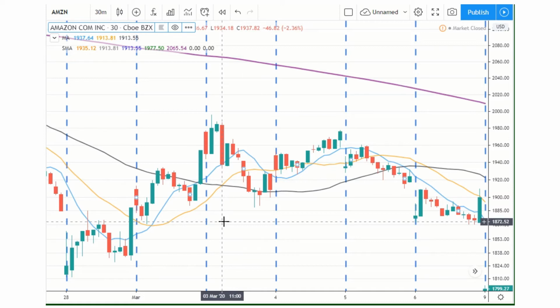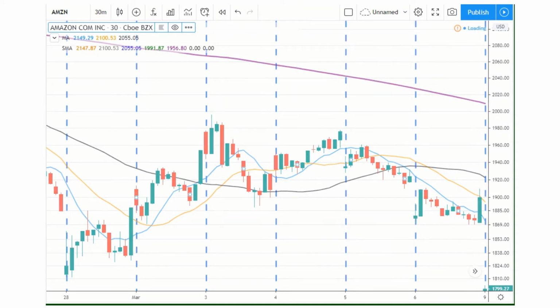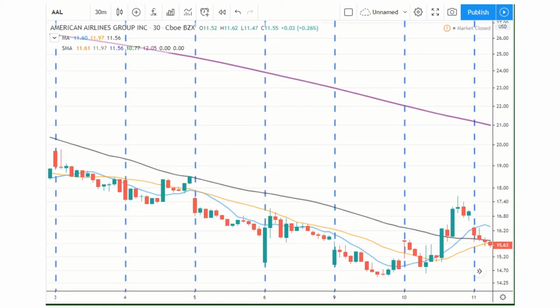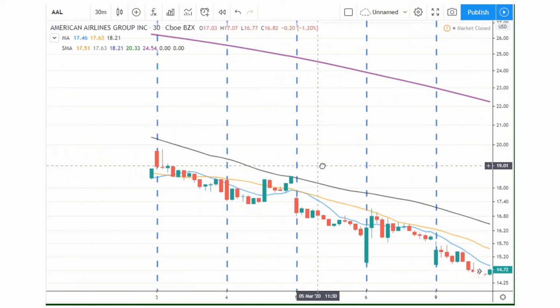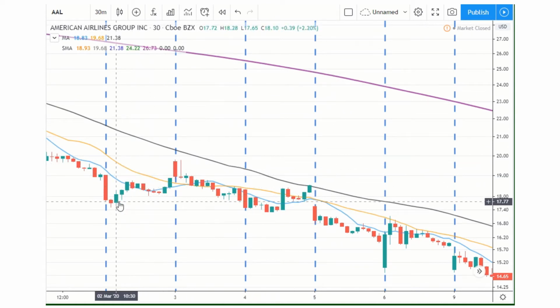Okay, so let's take a look at a few stocks, and we're going to look at them at different time frames. So let's look at what was happening March the 2nd with American Airlines to March the 6th. And over here, March the 2nd, it opened at 18.92 approximately.